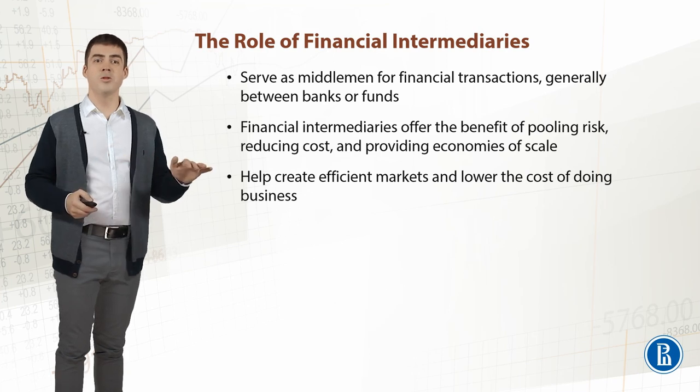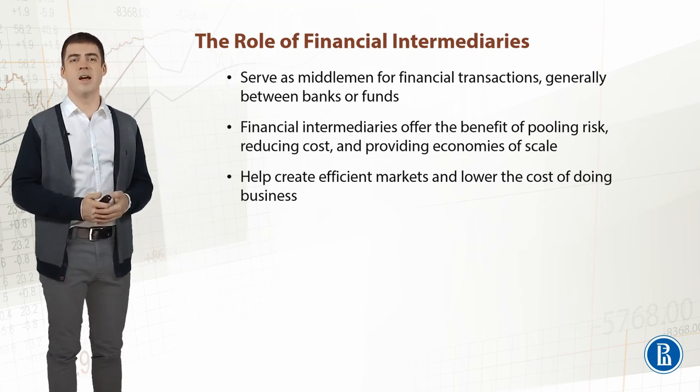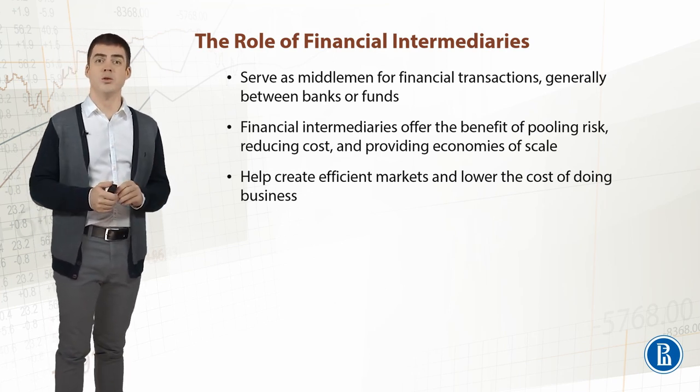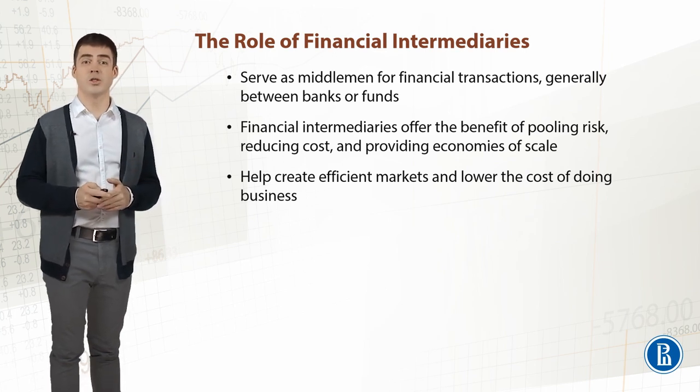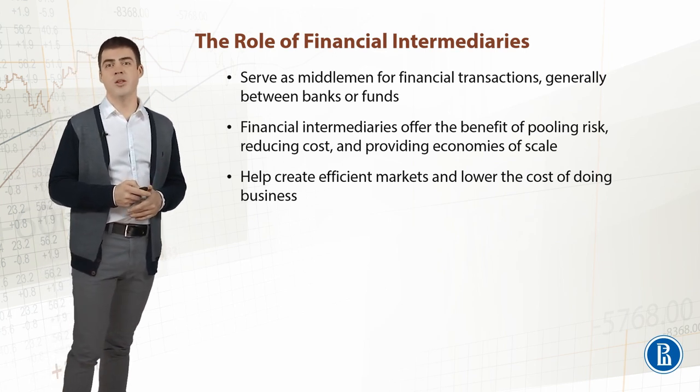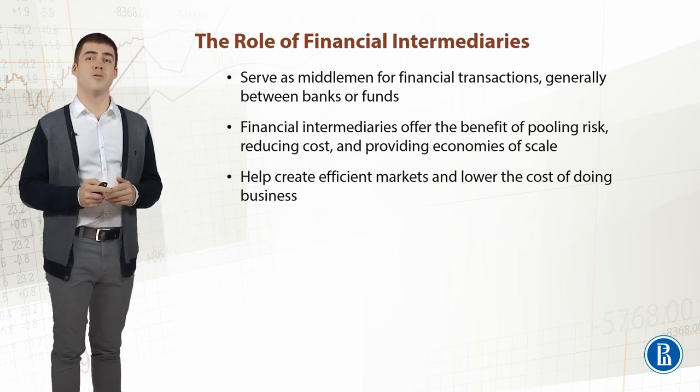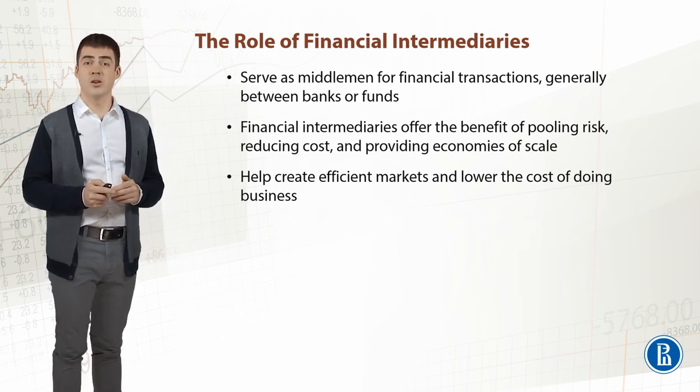So, as the bottom line, we can say that there are three main roles of financial intermediaries. First of all, they may serve as middlemen for financial transactions, generally between themselves.